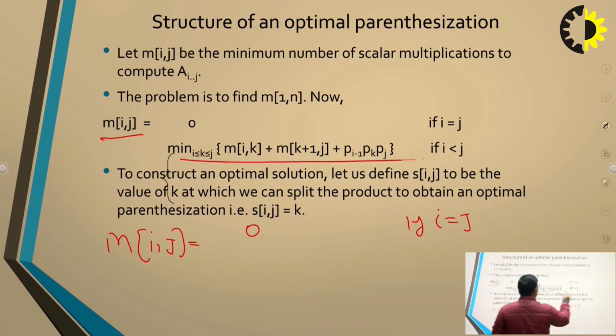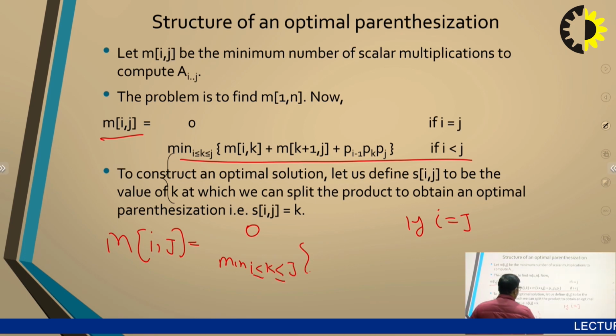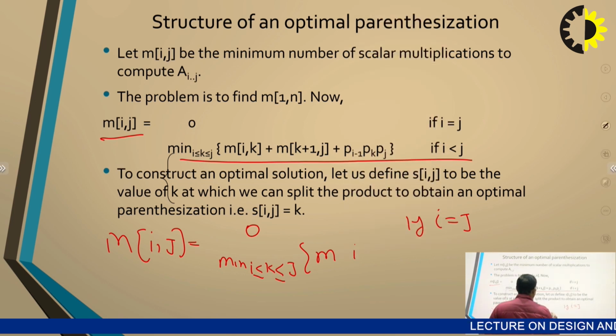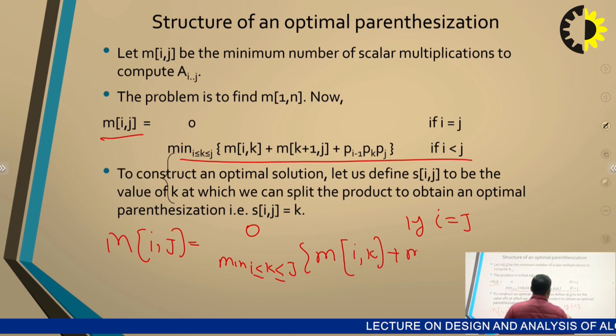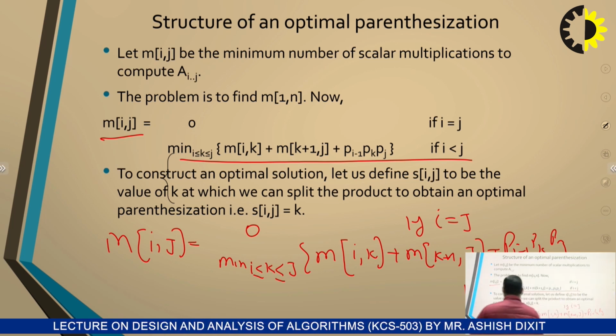And next, if i is less than j, the minimum over i less than or equal to k less than j of Mi comma k plus M k plus 1 comma j plus Pi minus 1 times Pk times Pj.